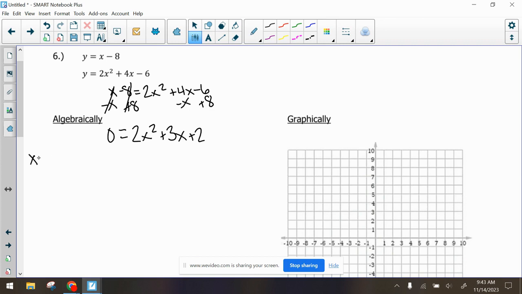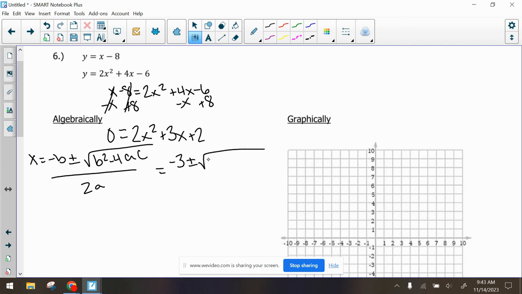So the formula itself is opposite b plus or minus square root of b squared minus 4ac all over 2a. So when I go to substitute in, opposite of b is -3 plus or minus square root of b squared, so 3 squared minus 4 times a, which is 2, and c, which is 2, all over 2a.